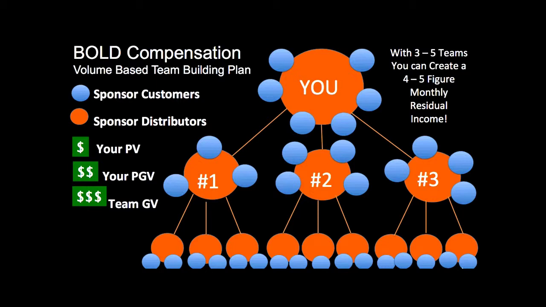So what is volume? Whenever you order our products, there's volume. The Zalo 3D Mini Pack has 100 points in volume. A point, because it's a worldwide compensation plan. There are people in Mexico buying our juice. I think they pay something like 1,800 pesos for a case of juice.